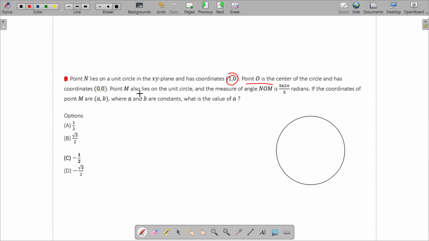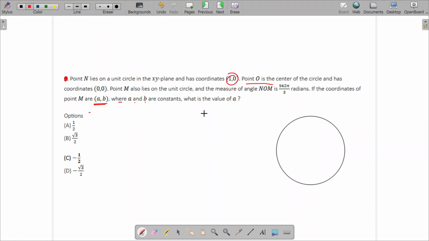Point M lies on the unit circle and the measure of angle NOM is 562 pi over 3. It is given in radians. If the coordinates of point M are (a, b), where a and b are constants, what is the value of a?